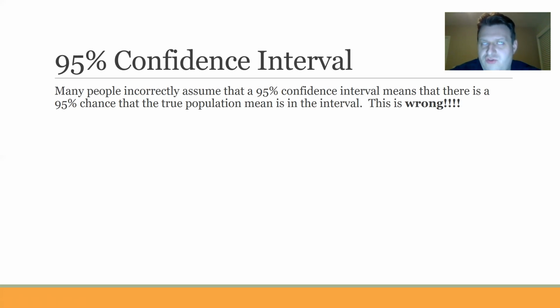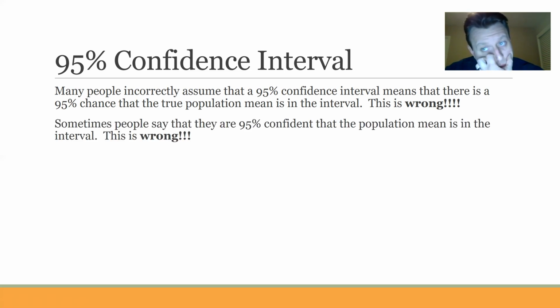Strictly speaking, the true population mean is either in it or it's not in it. So you can't say there's a 95% chance. It's either 100%, because yes, the true population mean is within the interval, or it's 0, and we didn't capture it. So this is close to accurate, but not an accurate interpretation.